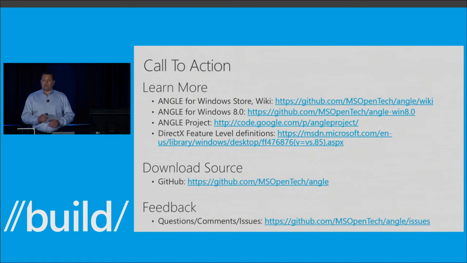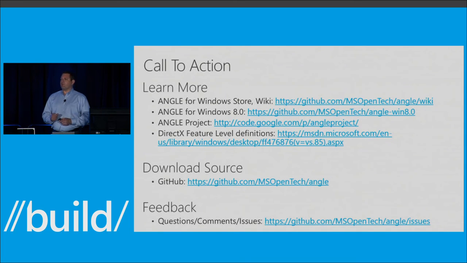A call to action. If you want to learn more, we've got the wiki here, which is a pointer. There is a version of ANGLE for Windows 8.0. If you do have a hard requirement to support Windows 8.0, you can see this repository.